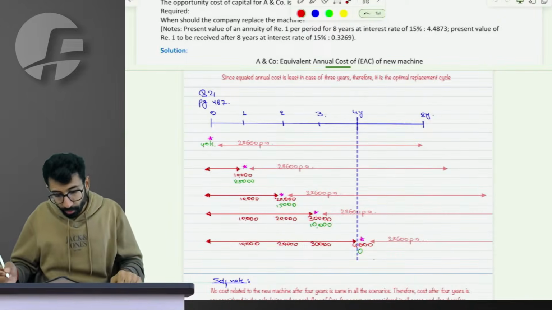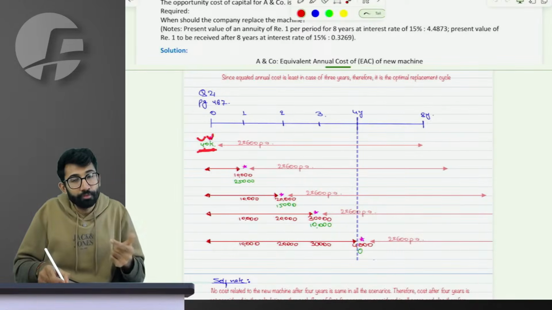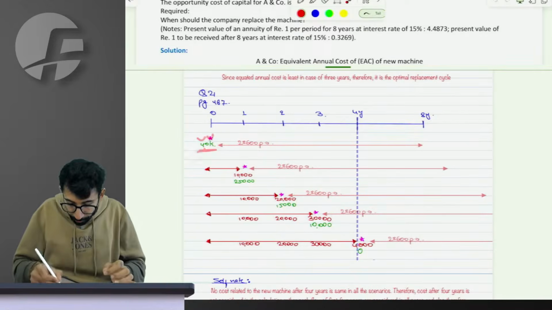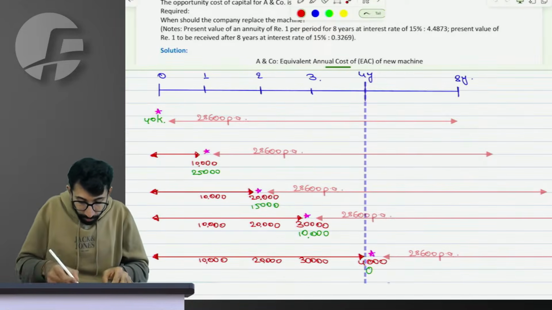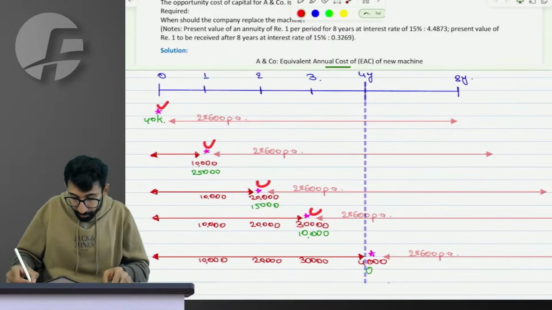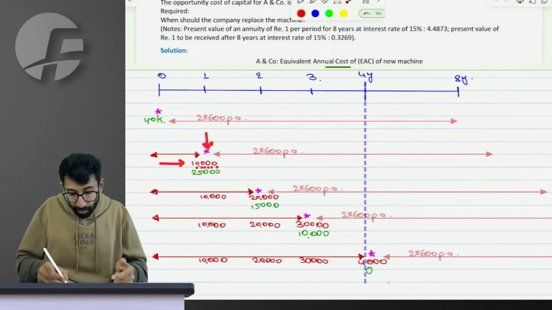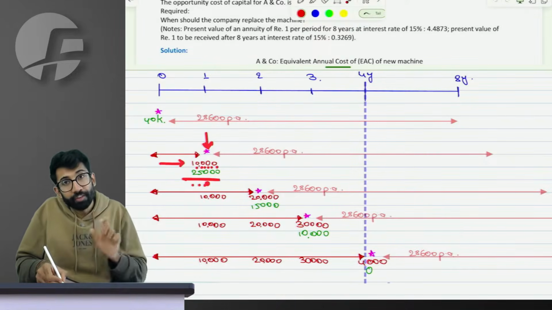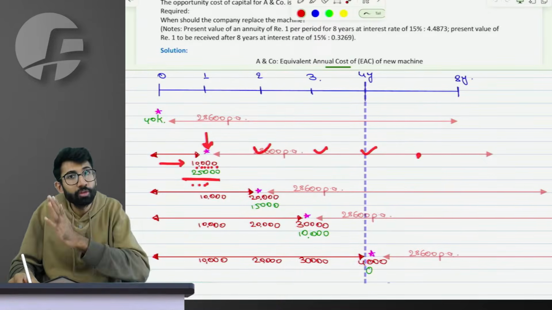Examiners say if you replace now, you will realize 40,000 from the old machine. If you replace at the end of 1st year, on the old machine you will first incur 10 and you will realize only 25 from the old machine, and the new machine every year cost has anyways been generalized.